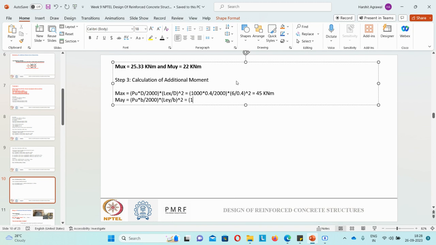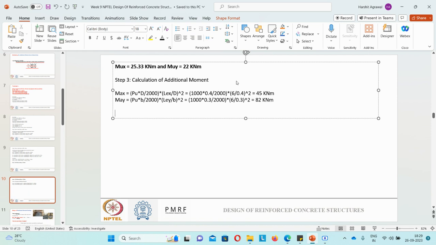So I have the values 1000 into 0.3 divided by 2000, 6 divided by 0.3 squared. Upon doing this calculation, you will get a value of 82 kilonewton meter. So these are our additional moments that are generated due to slenderness.